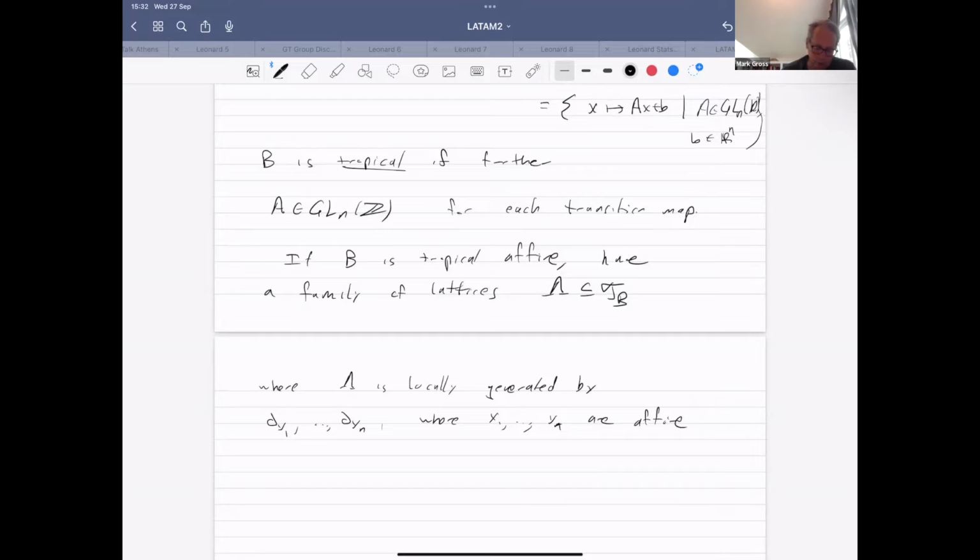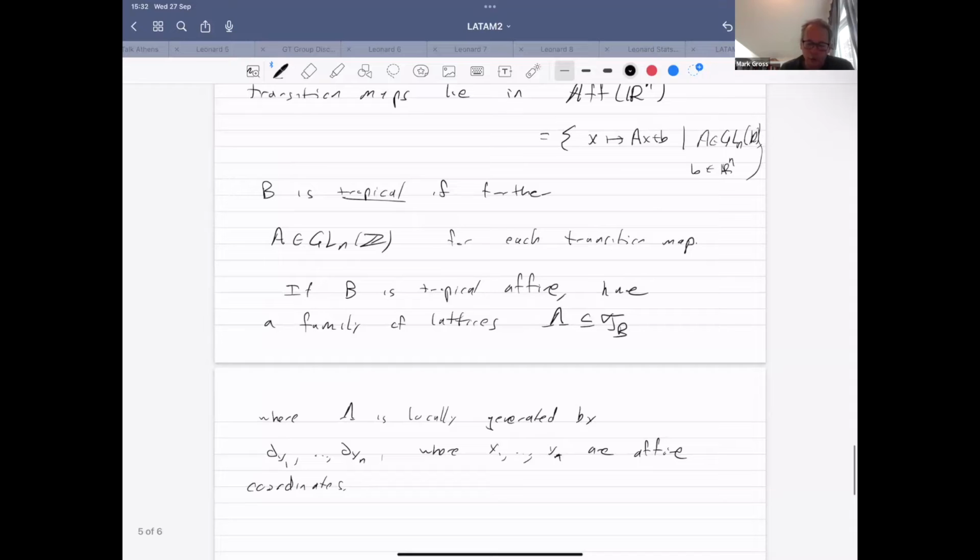So we have a bunch of charts which give us local coordinates, and any one of these charts gives us y_1 through y_n. And then the lattice generated by ∂/∂y_1 through ∂/∂y_n is independent of the chart.